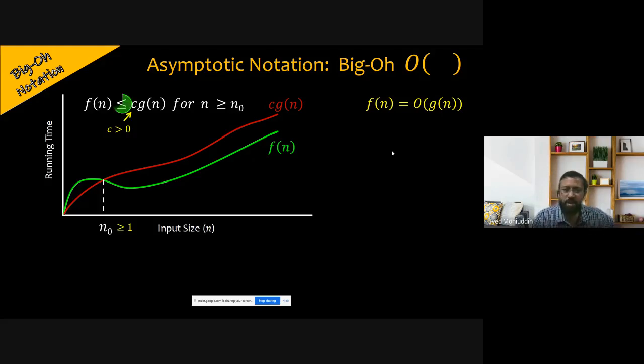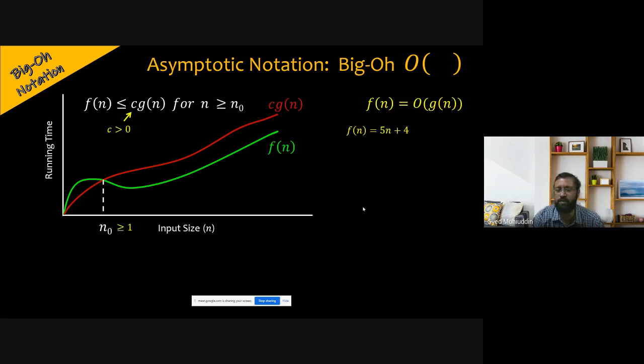Let us take an example. Let us say we have a function f of n as 5n plus 4. Where is this 5n plus 4 coming from? Till now we were just saying f of n.